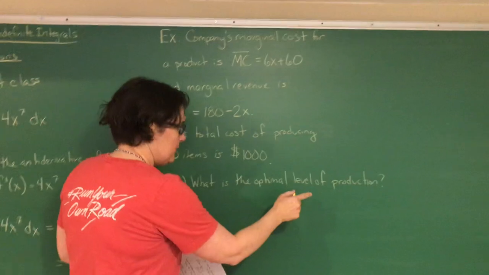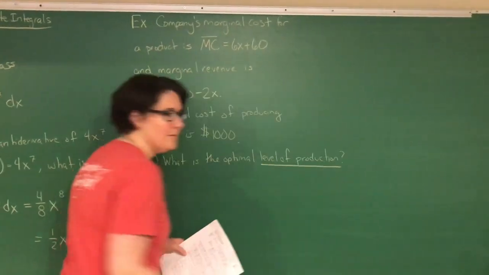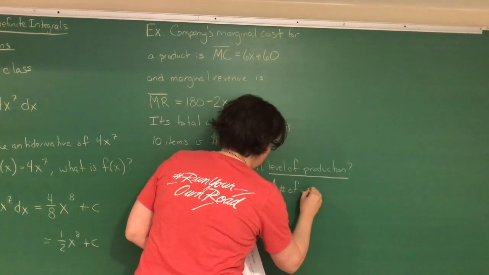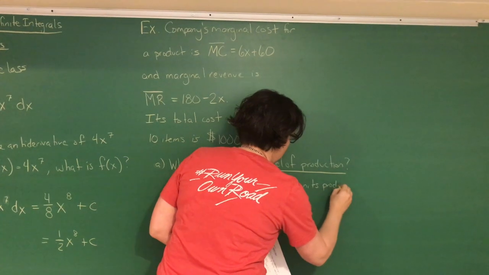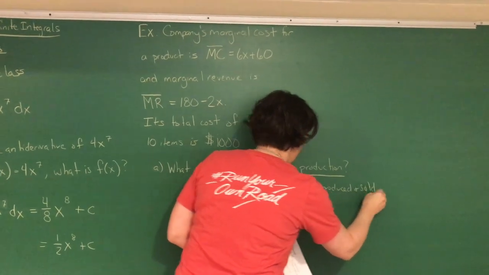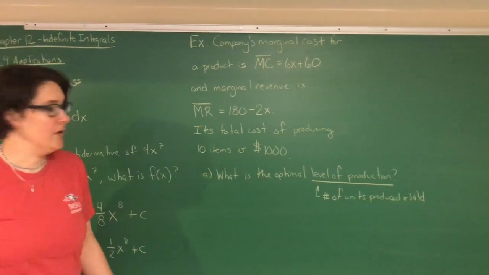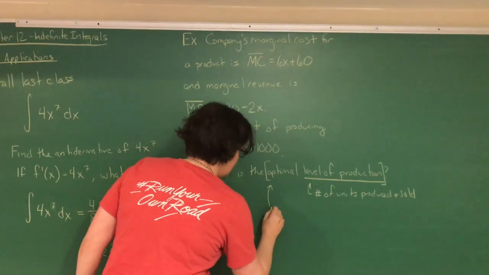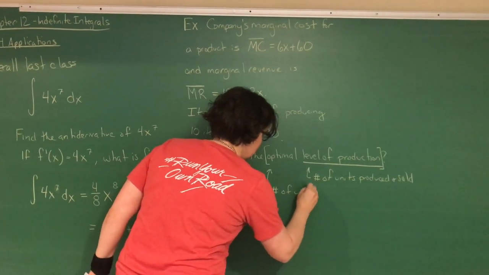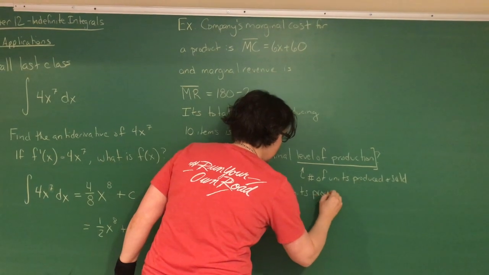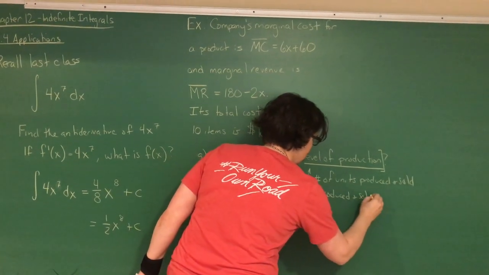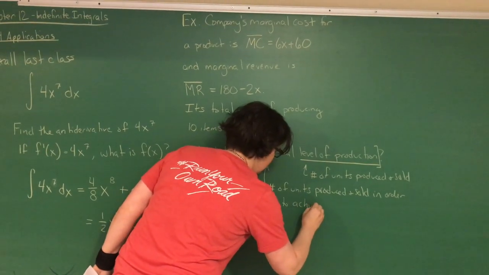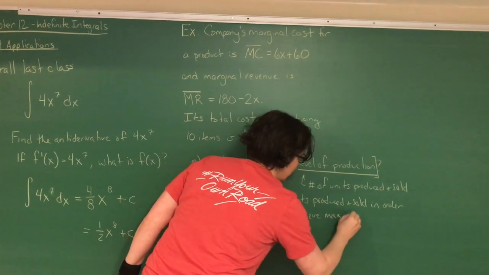When I see optimal level of production, it means the number of units produced and sold in order to achieve a maximum profit.